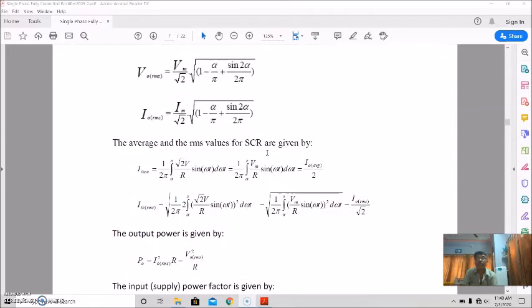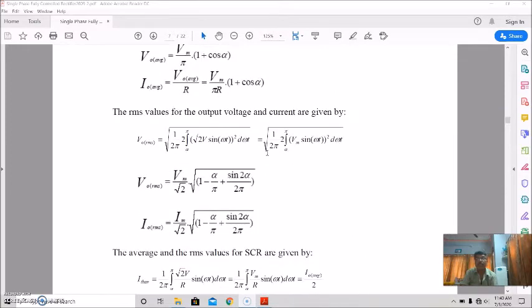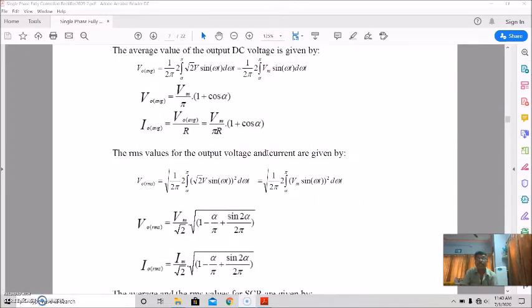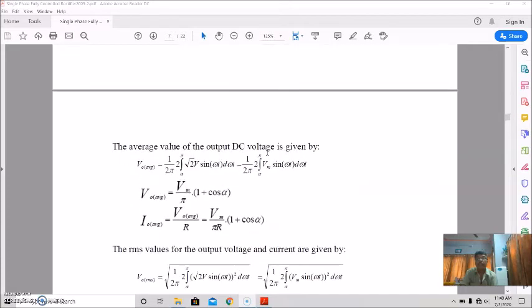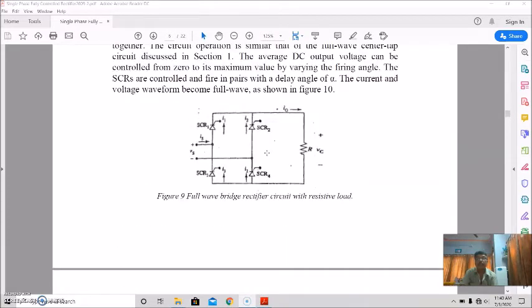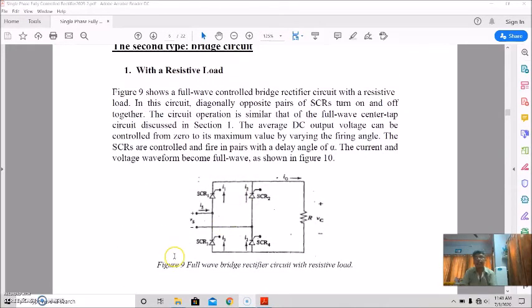If we repeat our discussion, what we will find is that it is a full wave controlled rectifier circuit. The thyristors form a bridge, and diagonally opposite thyristors conduct at a time.